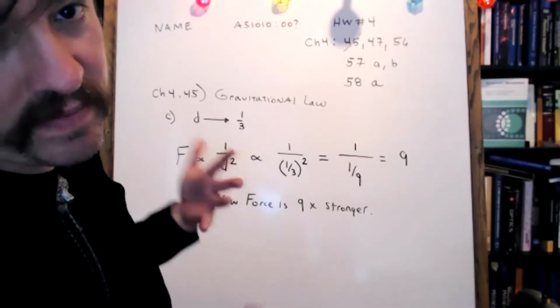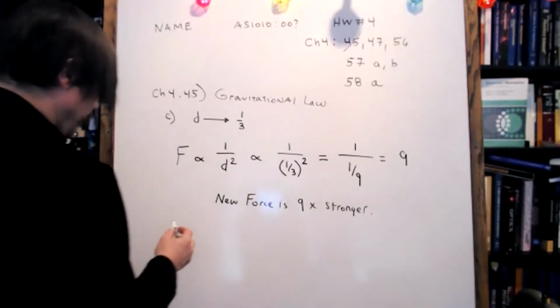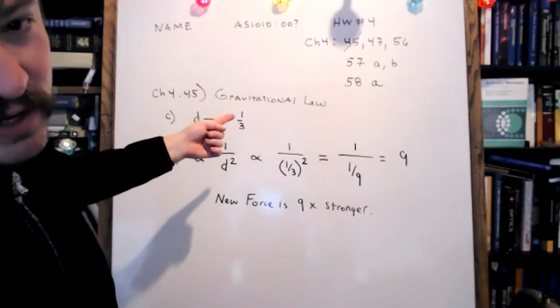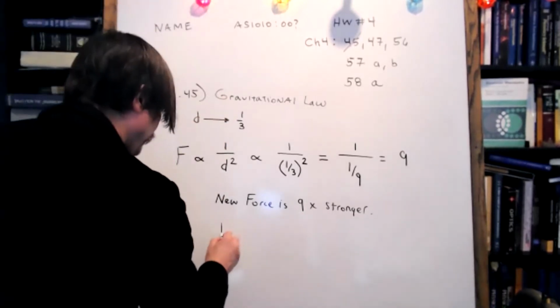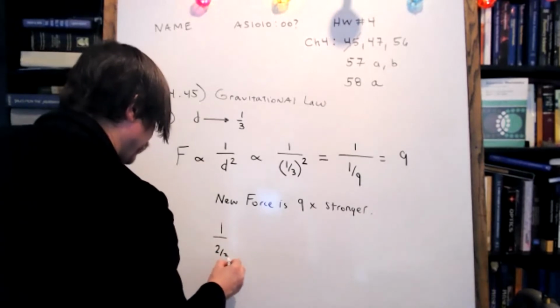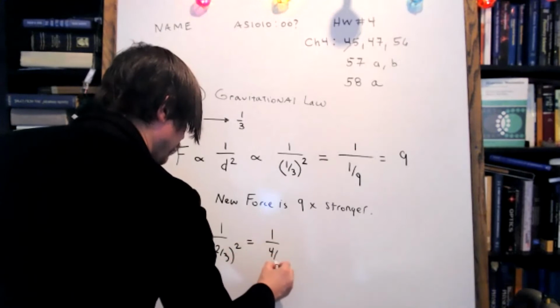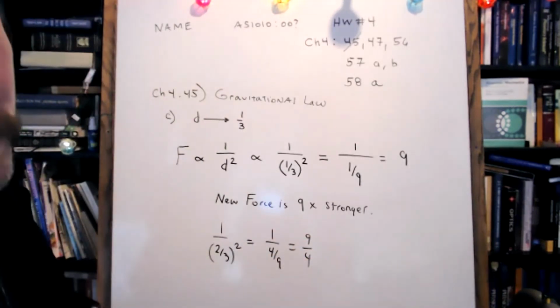It could be some irrational number. Like suppose we moved it to, instead of 1/3, ask yourself what it would be if we had made it 2/3. If we had made it 2/3, the new force would be 9/4.